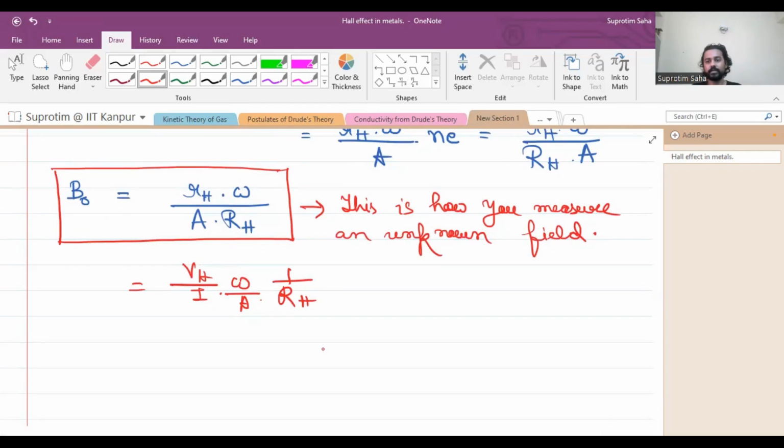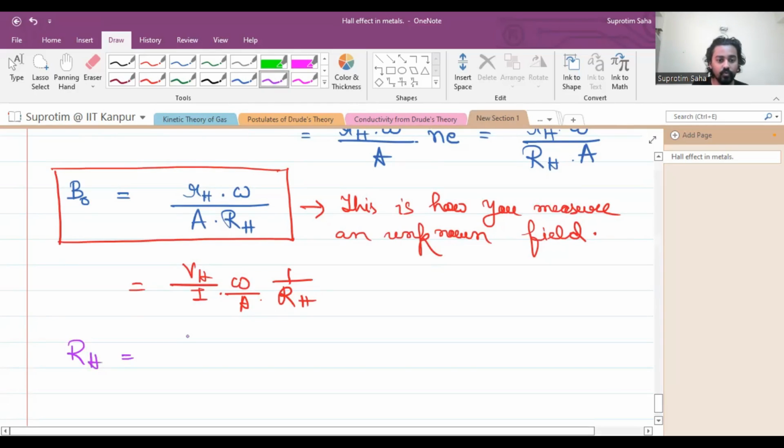So let me just end this lecture by telling you about the grave limitations, or the drawbacks, of the Drude model. So from Drude's model, R_H is minus 1 over n e.